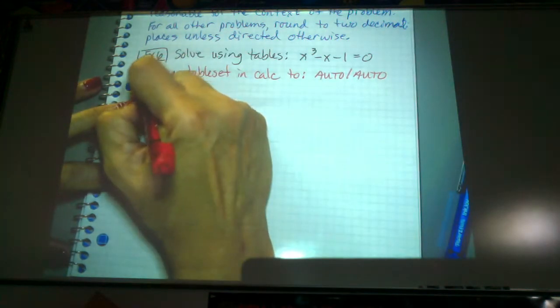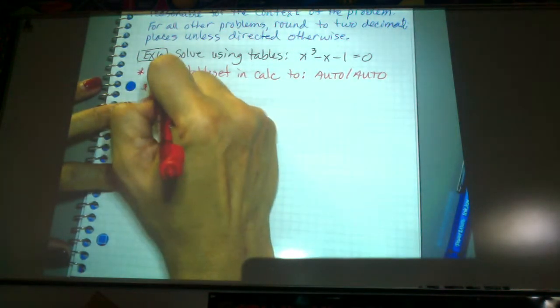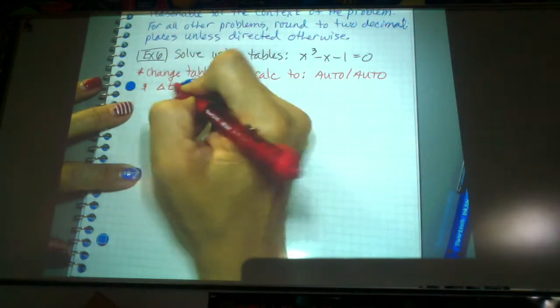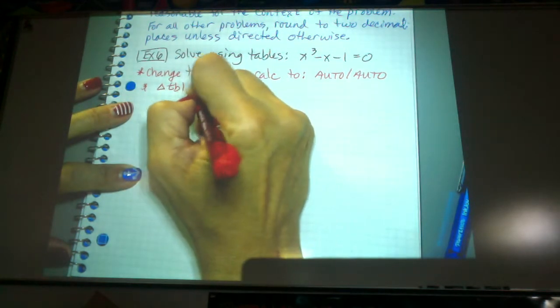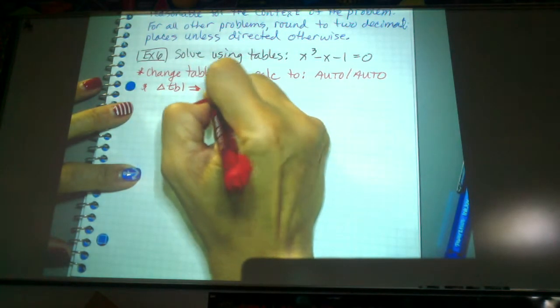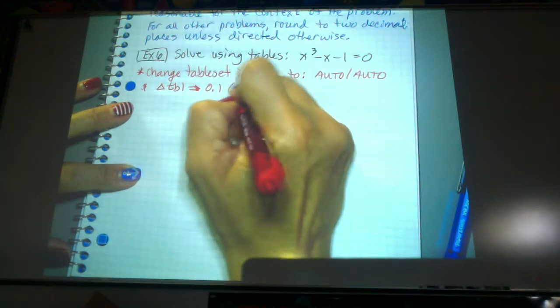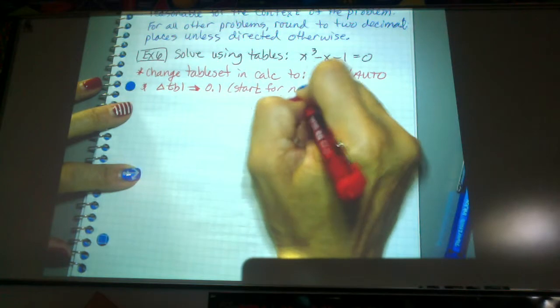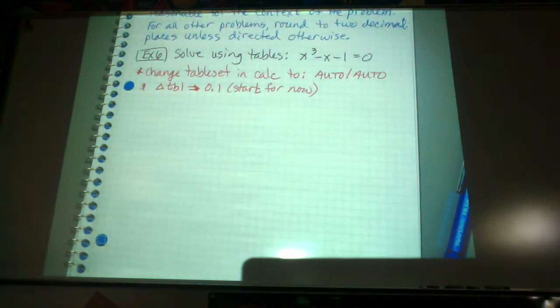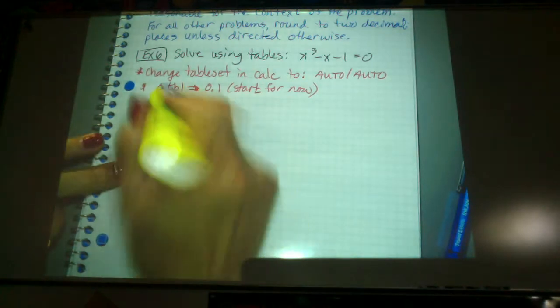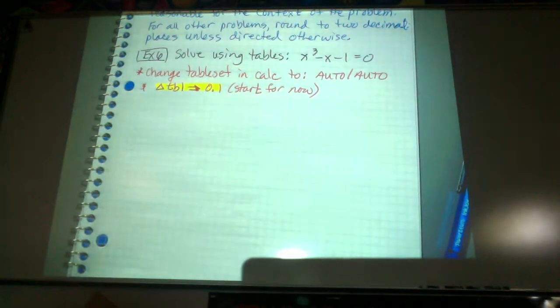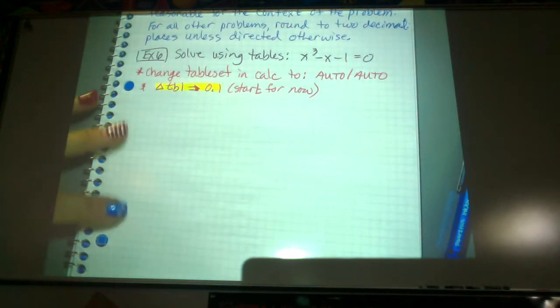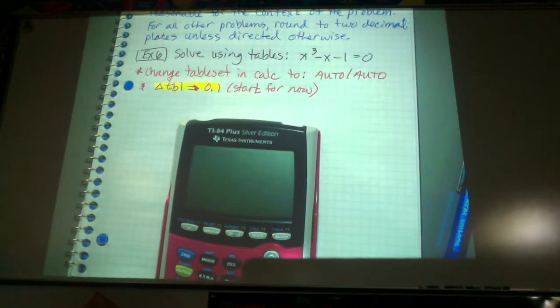And you want to change where it says a little triangle table, you want to convert that to 0.1, and that's your start for now, because we're going to adjust this change table part. This is what we keep changing to get a better and better estimate. As soon as you have that written, we're going to change it in our calculator.